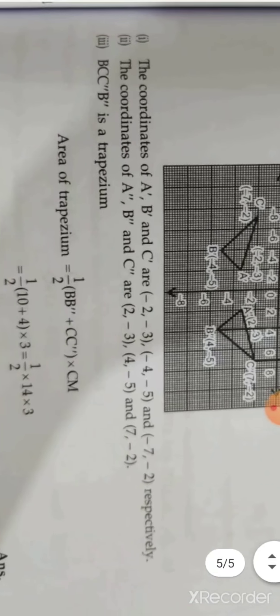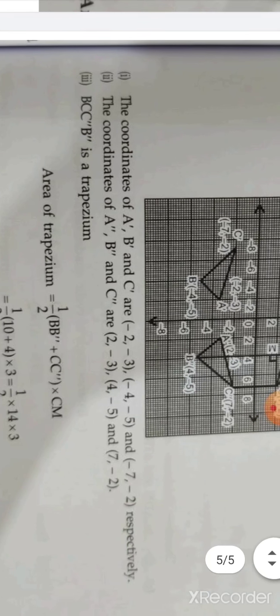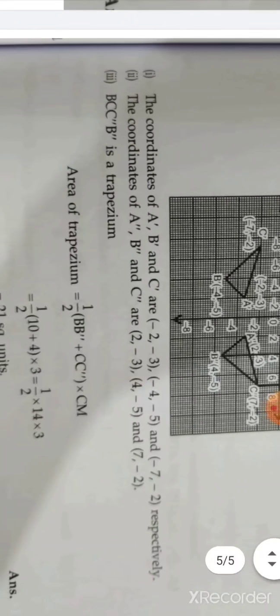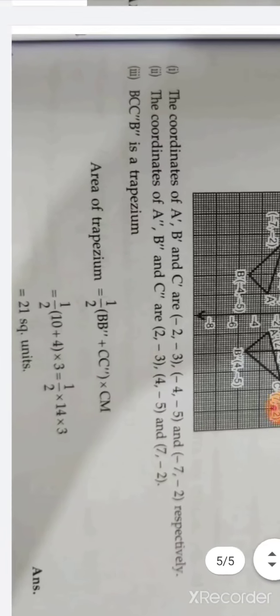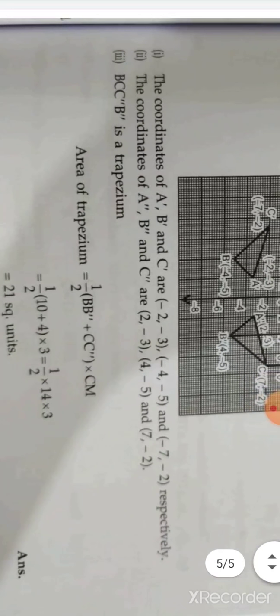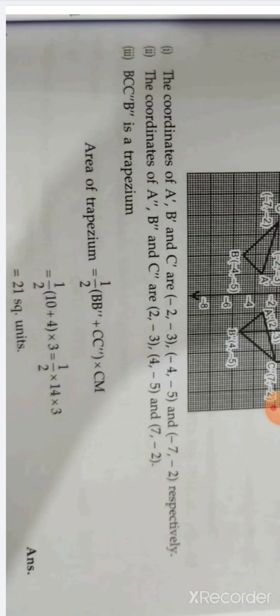So the area of the trapezium formula here is half the sum of opposite parallel sides of the trapezium multiplied by the height, the vertical height. Calculate the number of boxes, or you can take centimeters, as BB'' here is 10 and CC'' is 4.